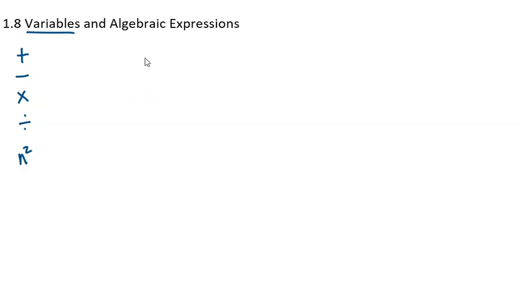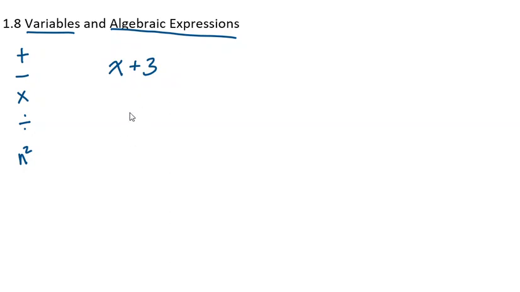So an algebraic expression is simply a sentence that contains variables in it. If my variable is x, and I say x plus 3, that just means whatever the number x is, I'm going to add 3 to it, once I figure out what x is.